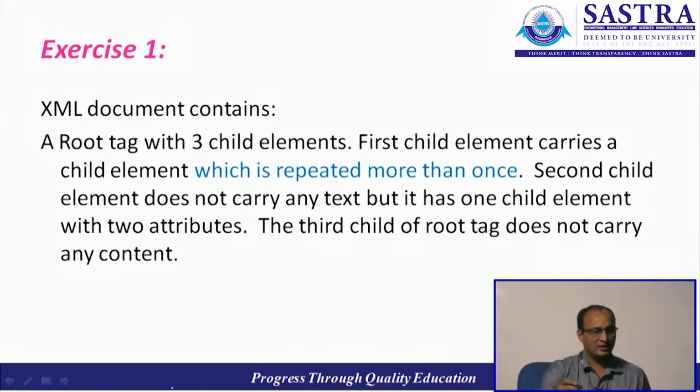In this exercise, I would like to specify restrictions for the following content. While creating an XML document, we have to keep the rules properly. Only one root tag should be there.